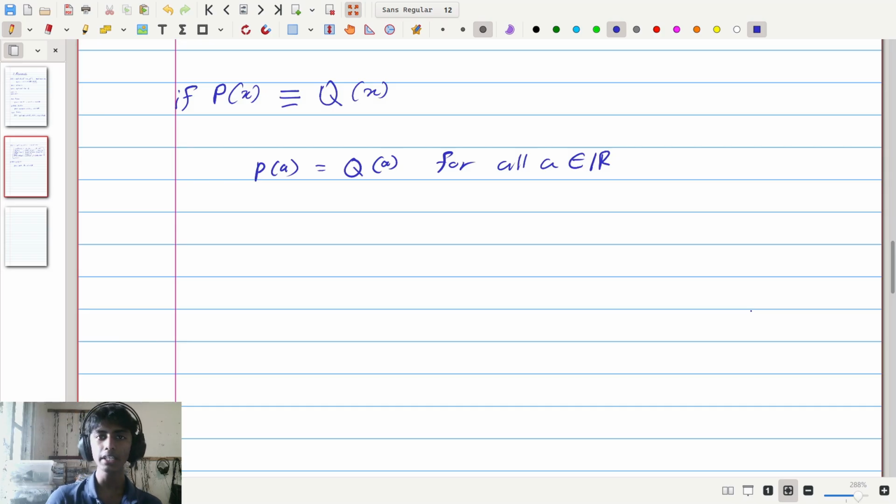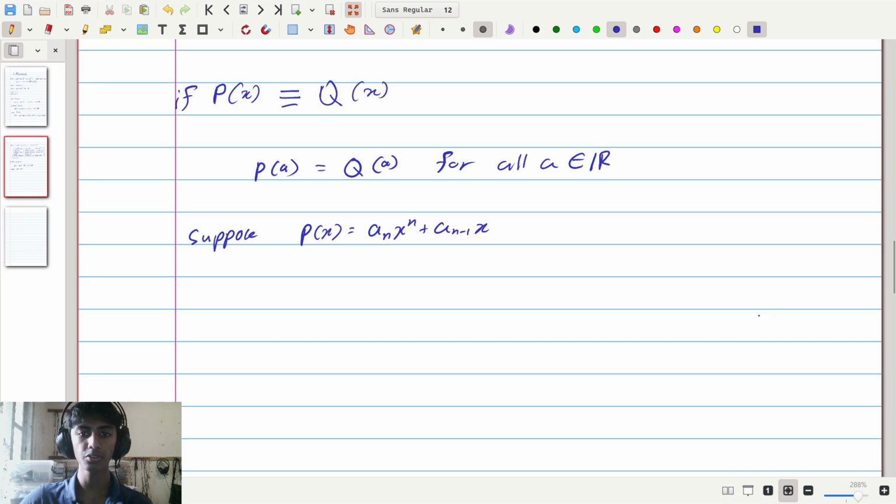So this leads us to an interesting property of these two functions. If we write them down, I will explain what they mean. Let's suppose p(x) is a_n x to the n plus a_(n-1) x to the n minus 1 plus dot dot dot all the way down to a_1 x to the 1 plus a_0.